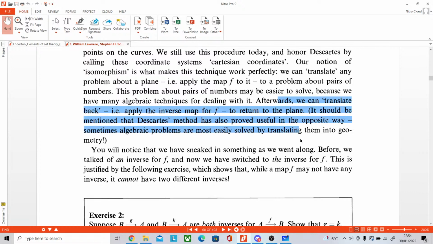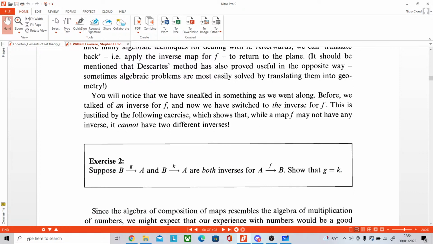We need a way to go from here to here, and we need a way to go back the other way around. That's why it has to be an isomorphism. It cannot have two different inverses.